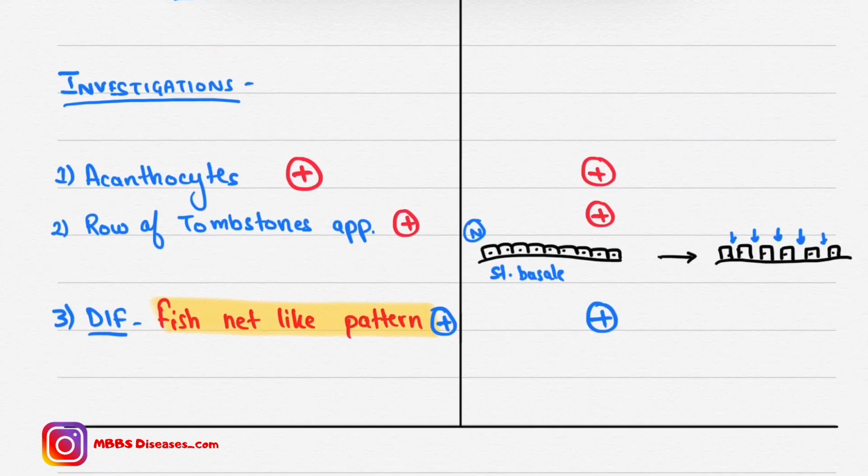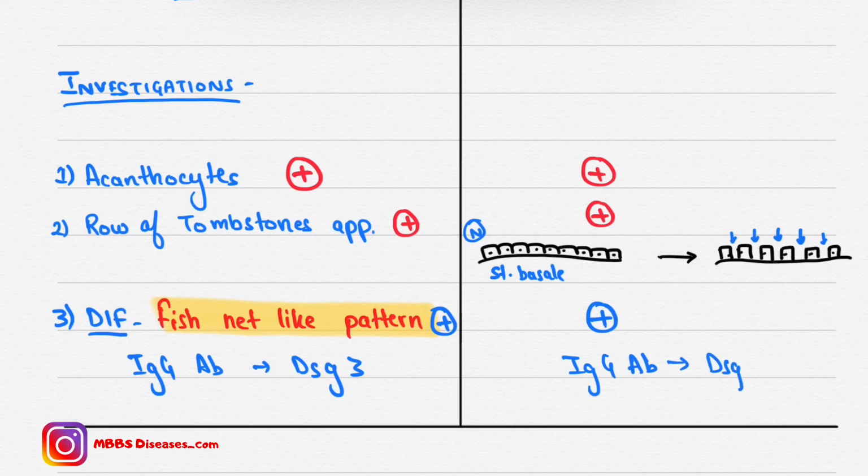IgG is present against desmoglein 3 mainly in vulgaris, and here in foliaceus IgG will be present against desmoglein 1 mainly. I will show the photographs at the end of the video.